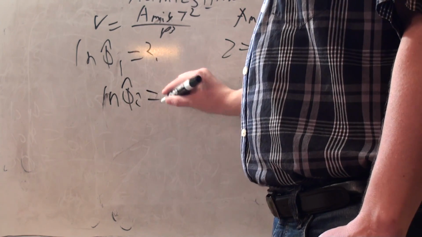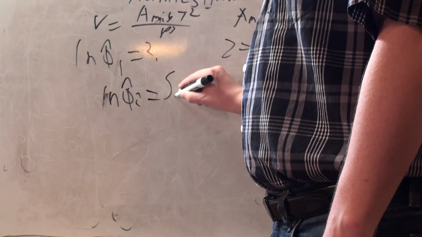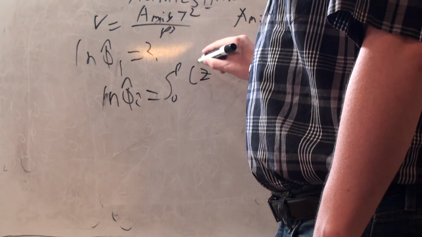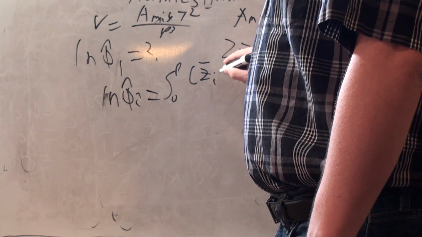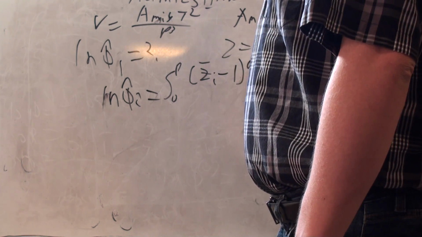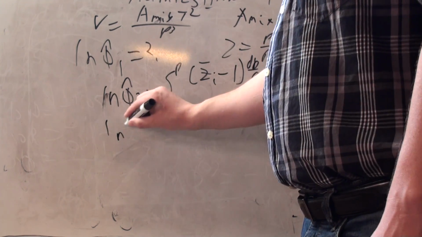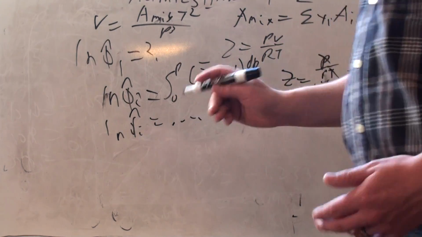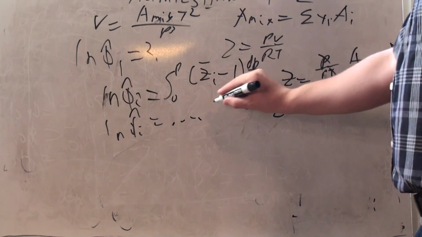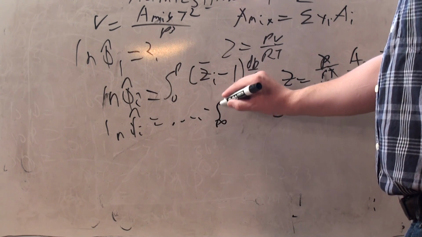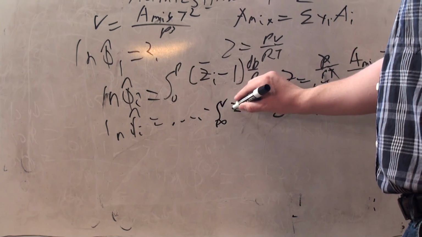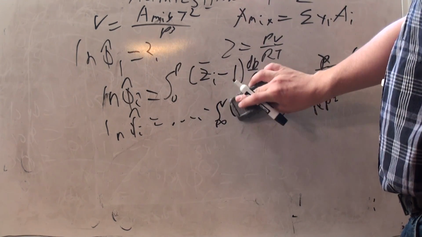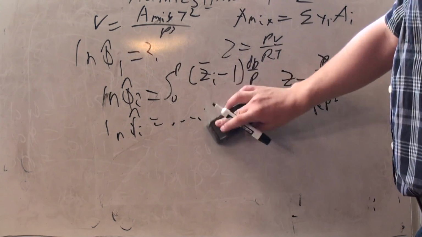So natural log of phi i is equal to either the integral from 0 to P of partial molar z i minus 1, dP over P, or natural log of phi i hat is equal to, there's some stuff in front, I can't remember exactly what, the integral from infinity to V of, not partial molar z i, this one's different.